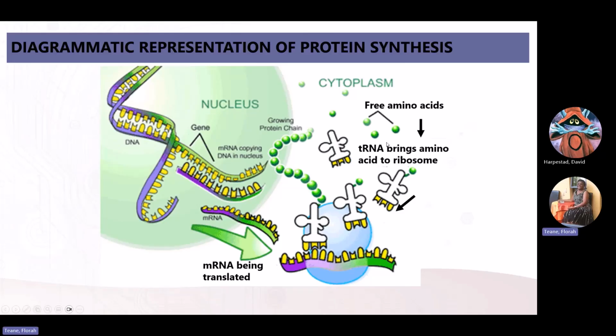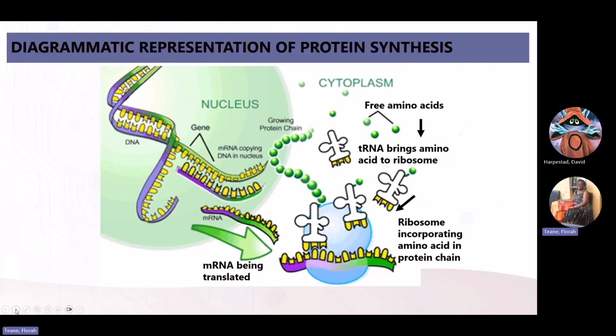The tRNA brings amino acids to the ribosomes. Where do we find amino acids? In the cytoplasm. They're just free. And transfer RNA will pick up the amino acids and transfer them to the ribosomes.